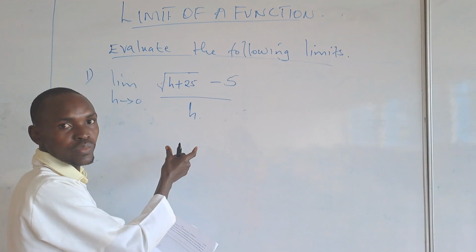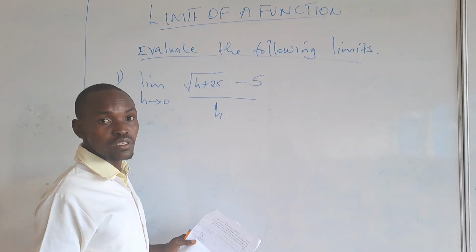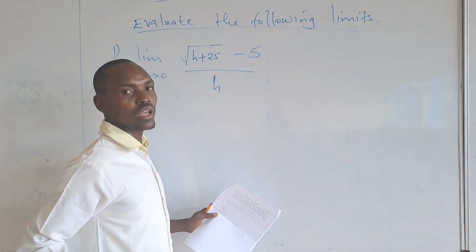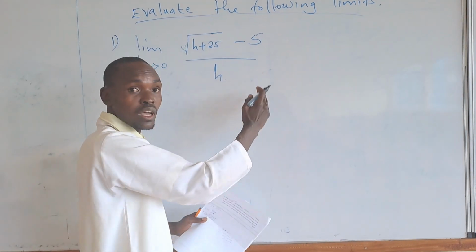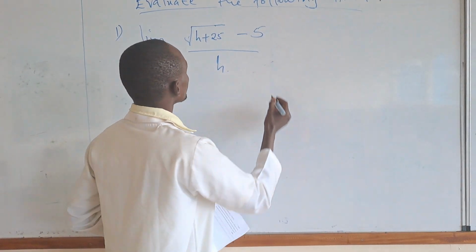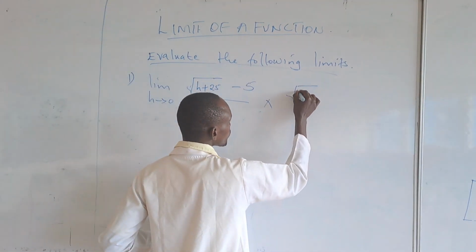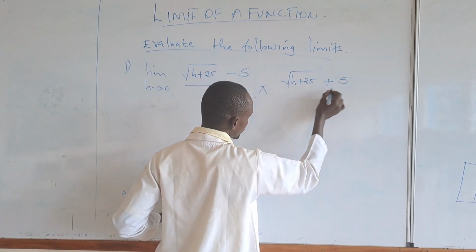We can use the rationalization method to evaluate the limit. And for us to apply the rationalization method here, it means we find the conjugate of the numerator. Then we multiply everything, both the numerator and the denominator, by the conjugate. So this will be simply multiplied by the square root of h plus 25 plus 5.